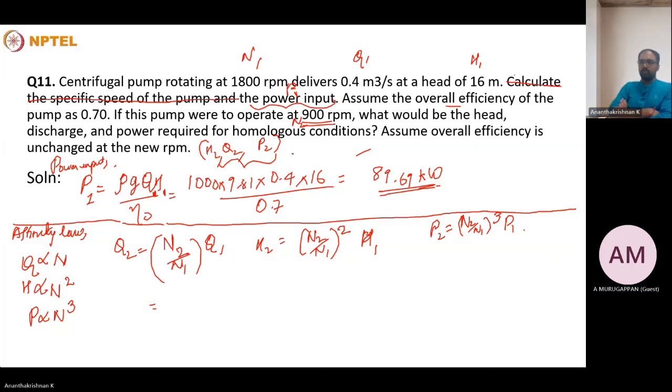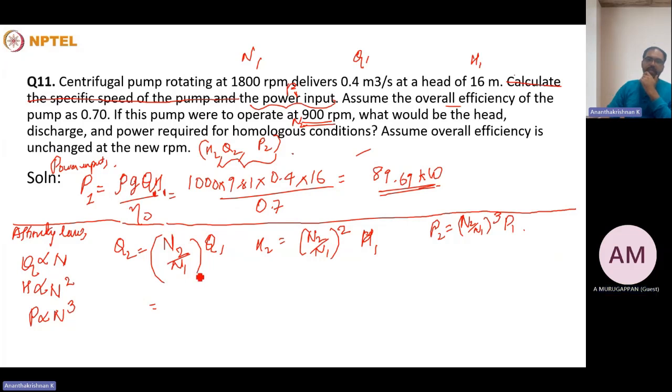Yes. So P2 is 11.21 kilowatts. Yeah, right.